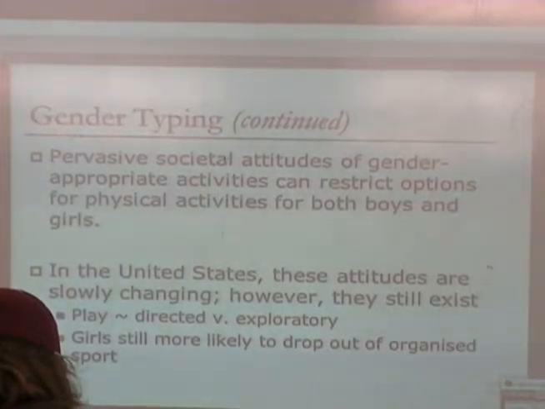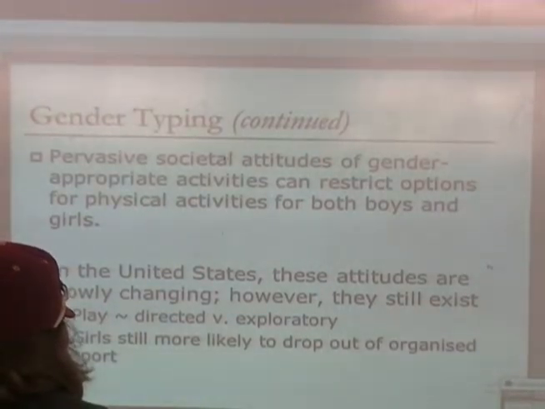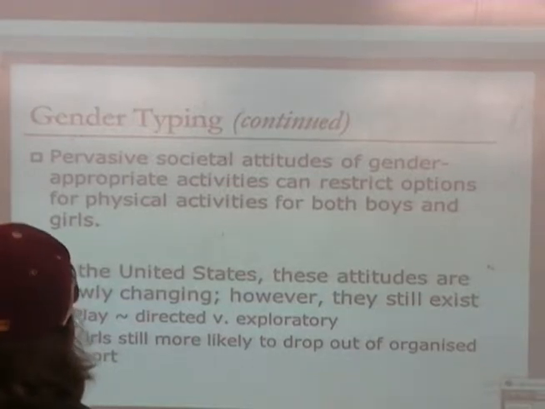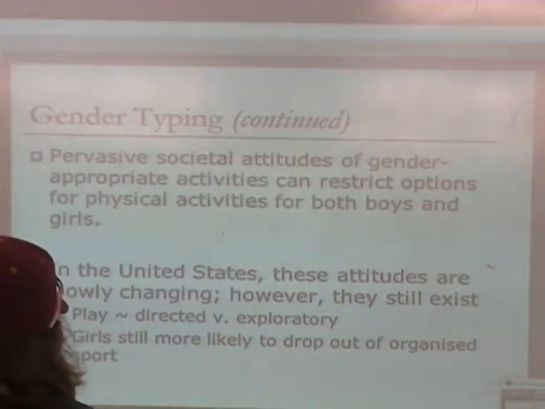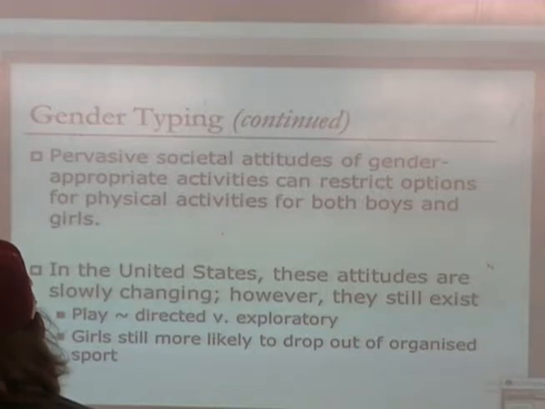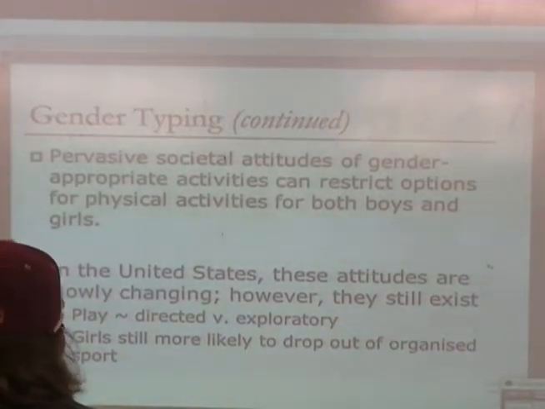So we see some attitudes that are improving, right? But we still get these innate feelings about our girls versus our boys. So when we look at play, if you go to the park and you watch families playing, right? The boys are allowed to play rough and tumble type games.